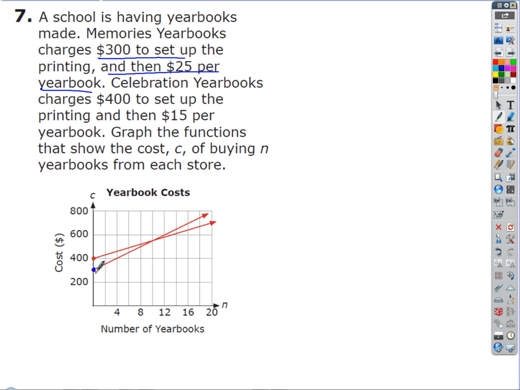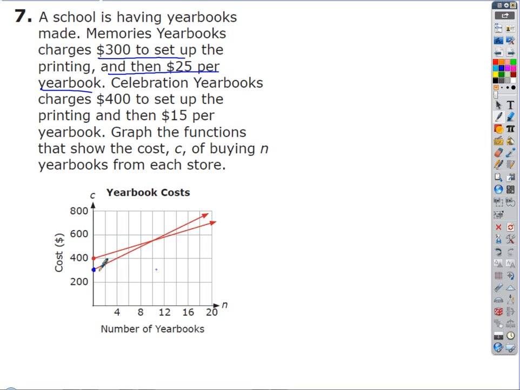Well, notice that on this graph, the cost only goes up by 200s, right? And so that's going to make things a little bit tough. It'd be pretty hard for us to say I'm going to go over 1 and up 25. That's not going to be very accurate, is it? I want to go over an amount so that I'm going to have the point be at a convenient place, right?